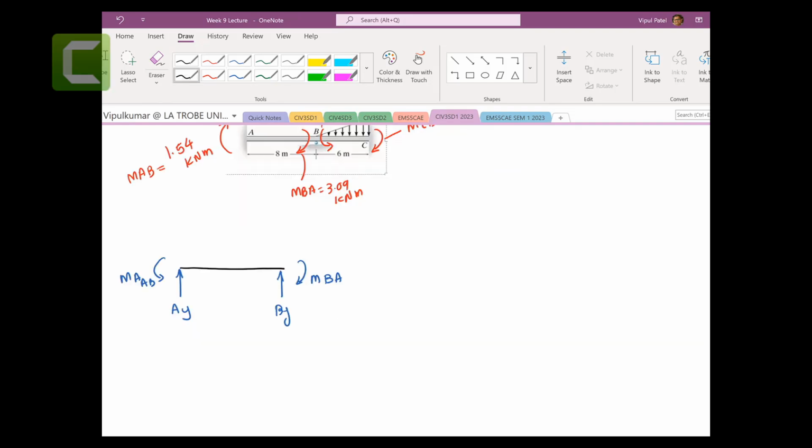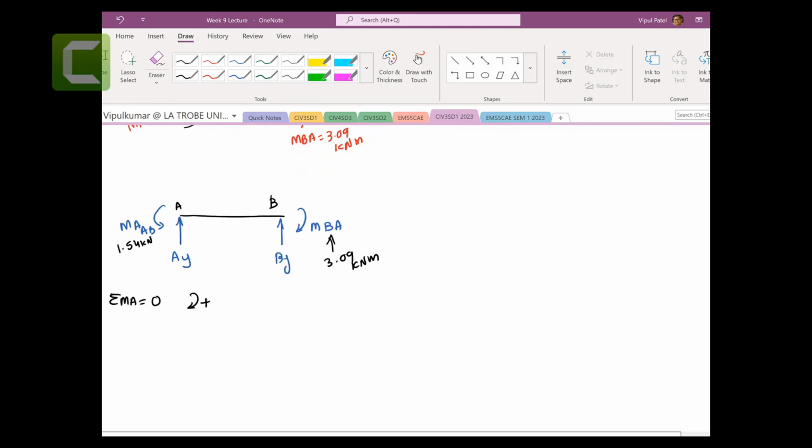So now, this one is 1.54 kilonewton meters, which we already calculated. This one I know is 3.09 kilonewton meters. This is point A, point B. I can do the sum of the moment at point A equal to 0. Let's put clockwise positive here because we did clockwise positive. This goes clockwise, so 3.09 kilonewton meters clockwise.